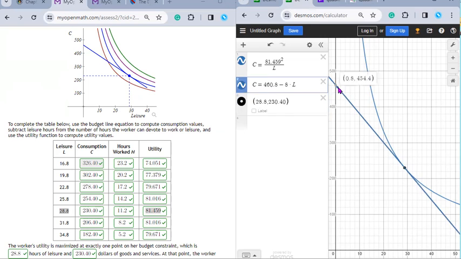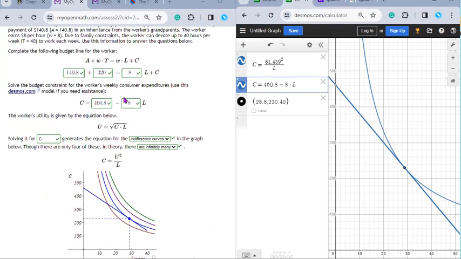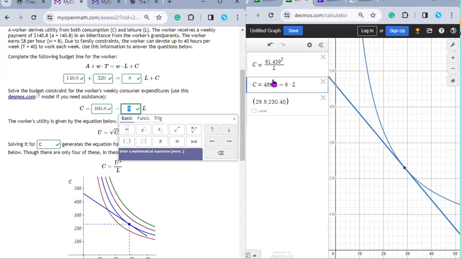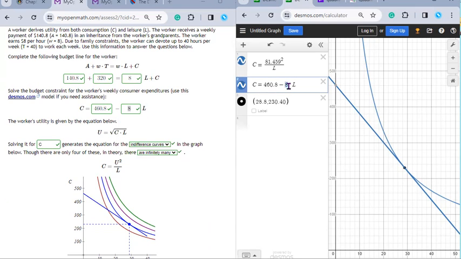Now, the slope of the budget line is constant. We call the slope of the budget line the economic rate of substitution, and it is constant because it equals 8. It's constant, which is why we call it a line. The indifference curve does not have constant slope. Why?